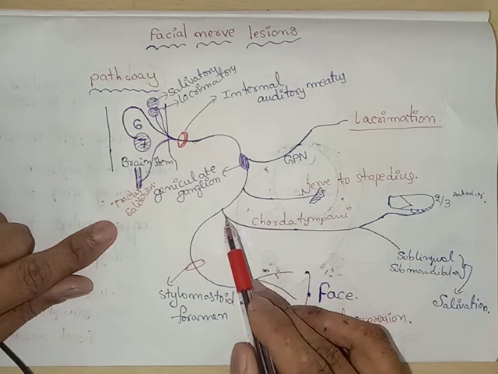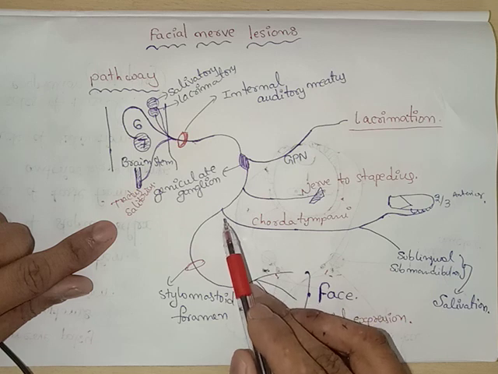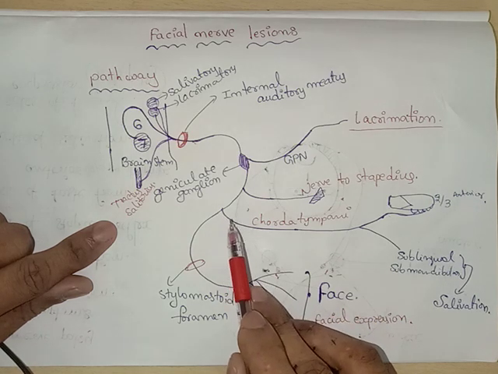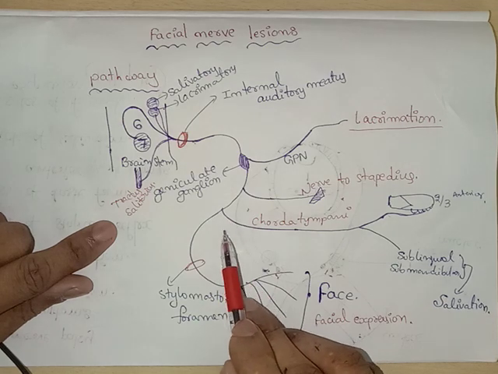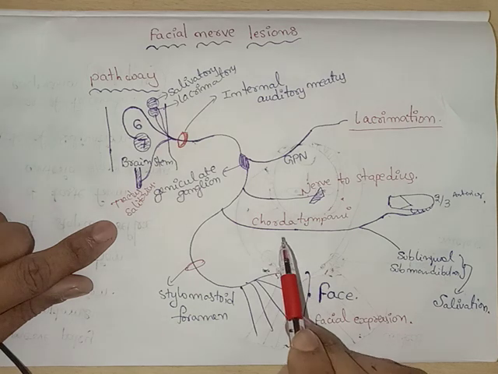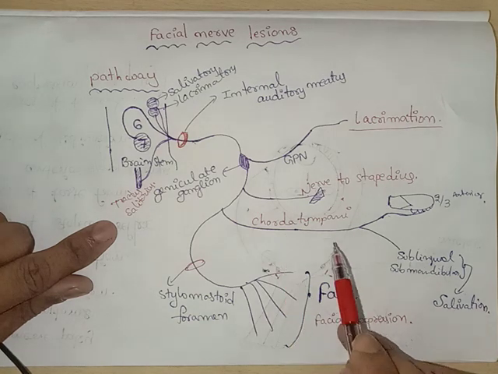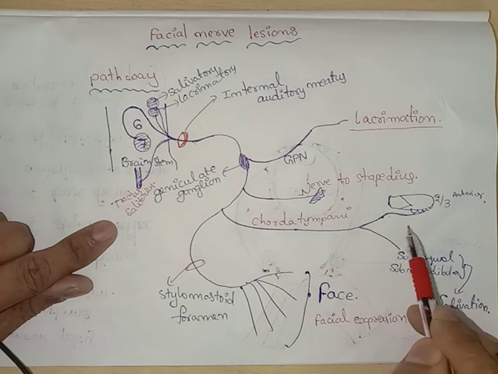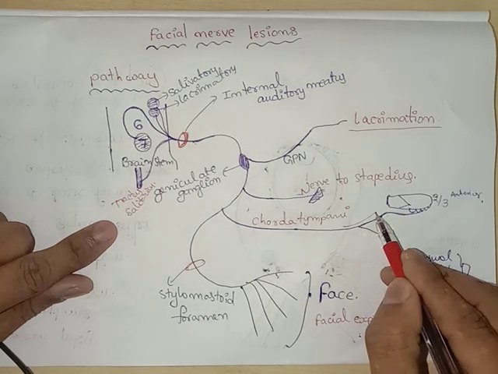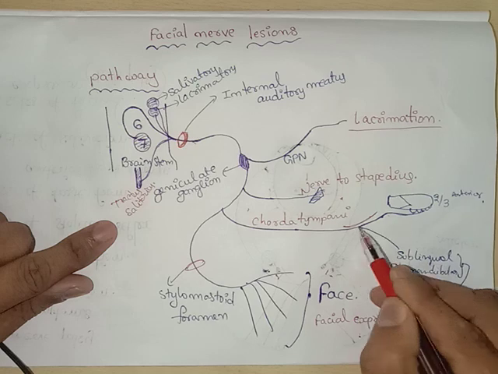And after that, it enters the middle ear cavity and forms a cord-like structure, so it is called chorda tympani. From there it goes through the lingual nerve.